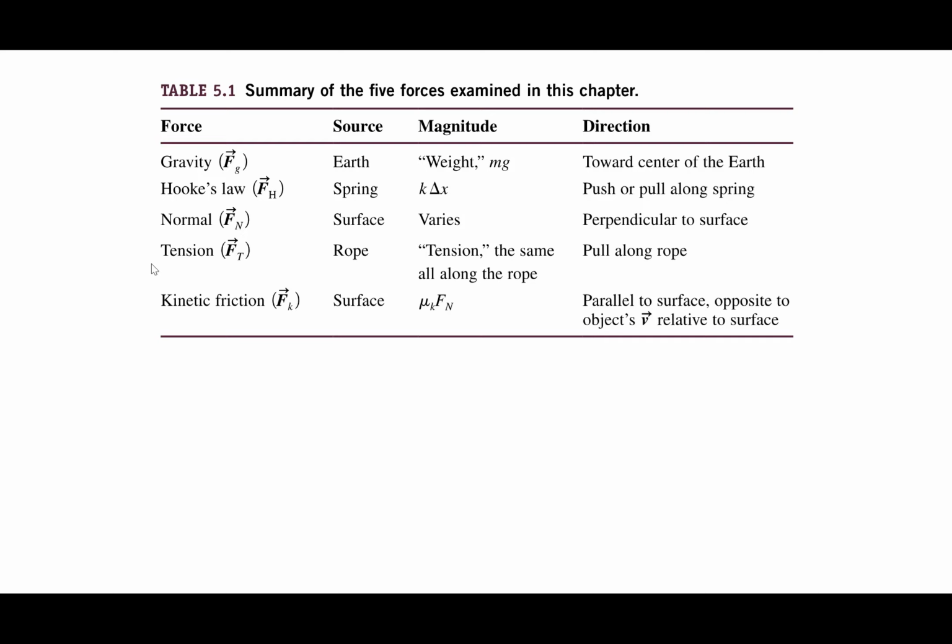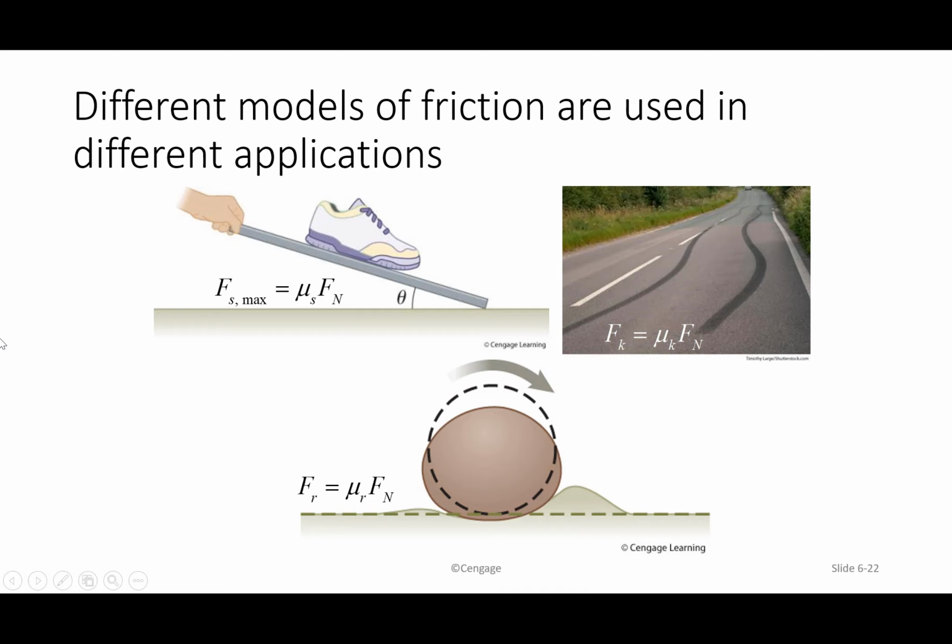Now remember, even though in chapter 5 we haven't talked about static forces yet, and she's only bringing it out in terms of kinetic forces, to calculate static force is the same way. The force due to static friction, the big F, is equal to the coefficient of static friction times the normal force. And we can look at those things. So we can apply this to different models, right?